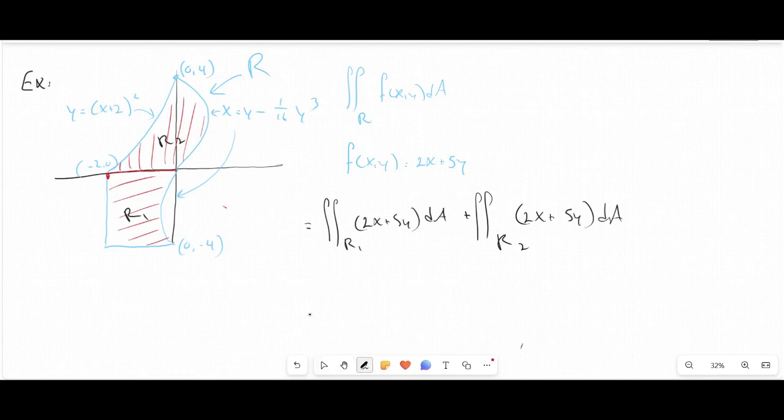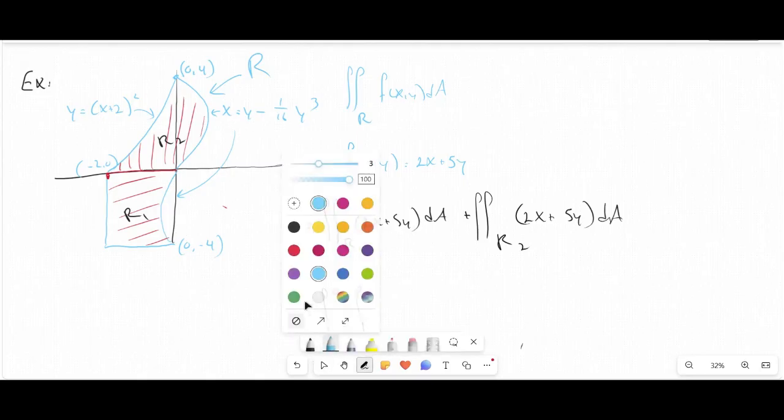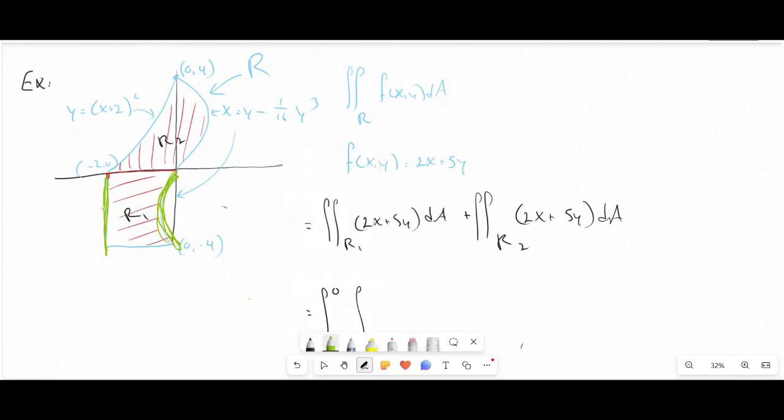So I can set them up with y on the outside. If it's a type 2 region, I want y on the outside. For this lower one, y goes from negative 4 to 0. The function bounds for x are, let's try to draw these in. There's one right here, and there's one right here. What are those two functions? Well, the lower bound is a constant.